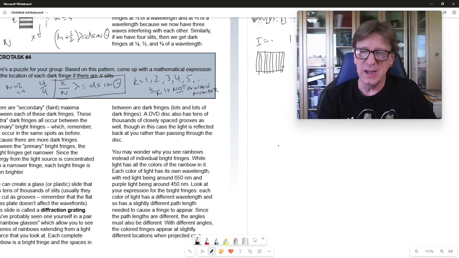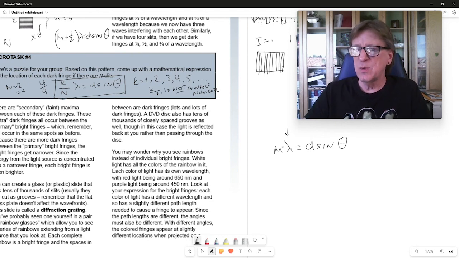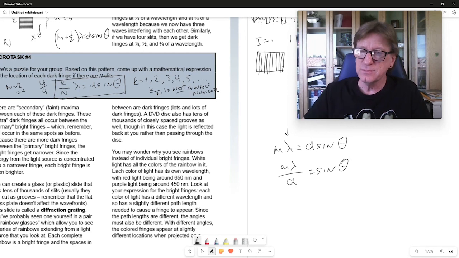And so if we go back to our expression for our bright fringes, because that's what we're mostly interested in looking at, it's going to depend upon the wavelength. That means that the angle is going to be different for each of the different colors. So let's solve for the angle here. I get m lambda over d is going to equal sine theta.